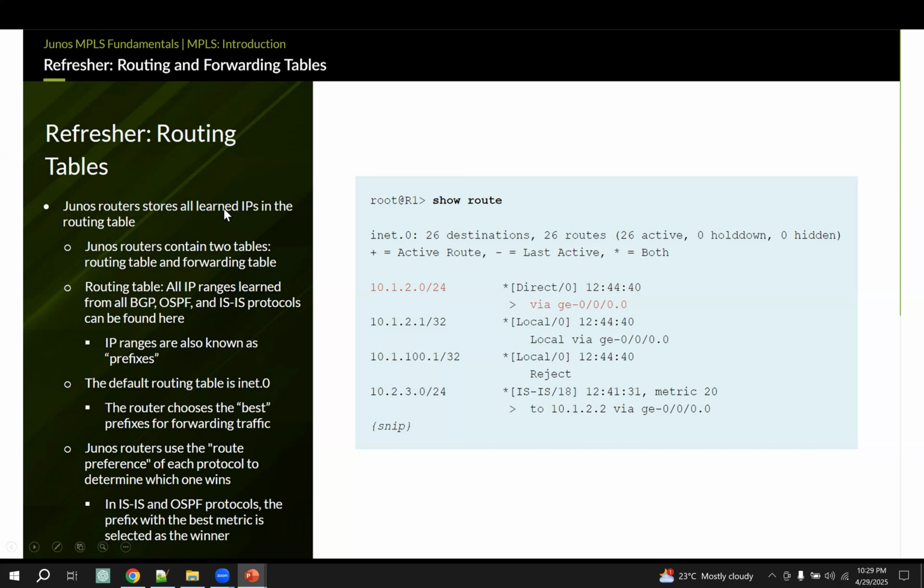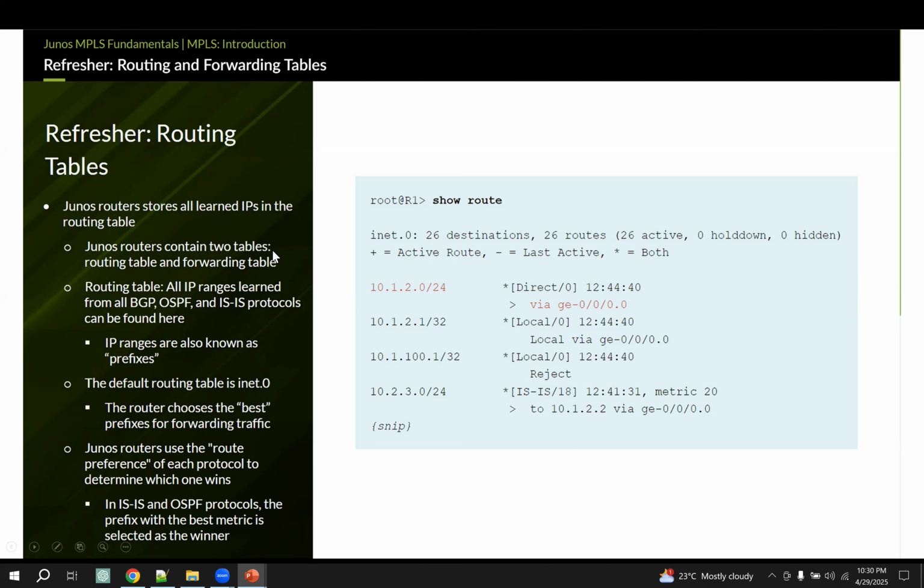Junos routers store all LAN IPs in the routing table. All destination networks and all connected networks will be installed in the routing table. This is the normal behavior of the routing table.